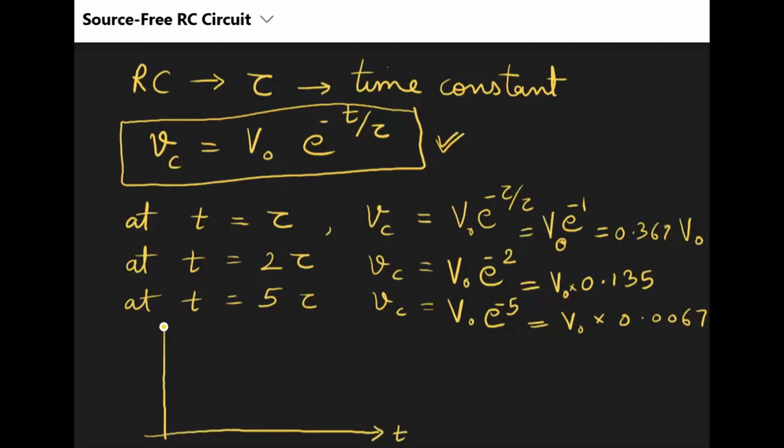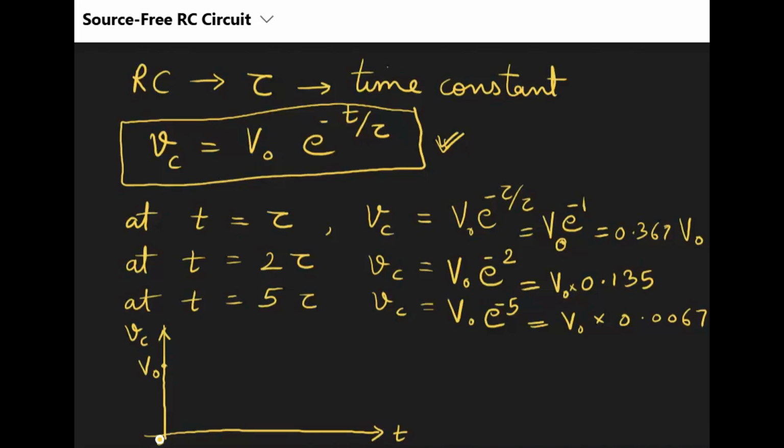Now we can plot the response of this circuit. So it is the x-axis time, y-axis Vc, it is the origin. So at t equals to 0, from this equation you can see that at t equals to 0 Vc becomes V0. So at time t equals to 0 the voltage across capacitor is V0 that we have already defined at the starting.